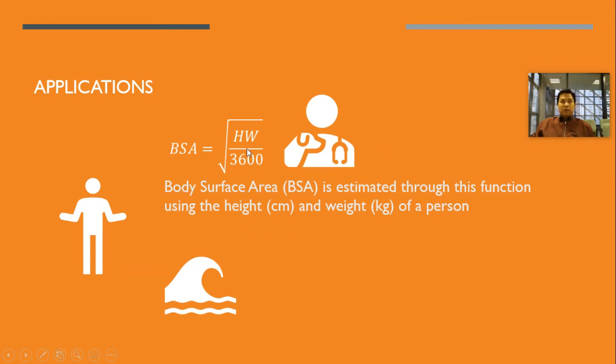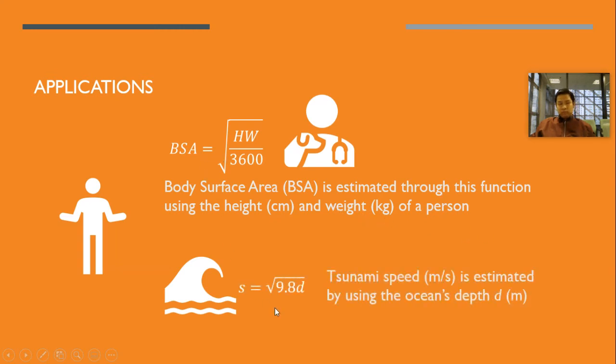I've shown this one in our introduction to functions. Body surface area is estimated through this function with height in centimeters and weight in kilograms. Speeds of tsunamis are estimated by using this function. D refers to ocean depth in meters.